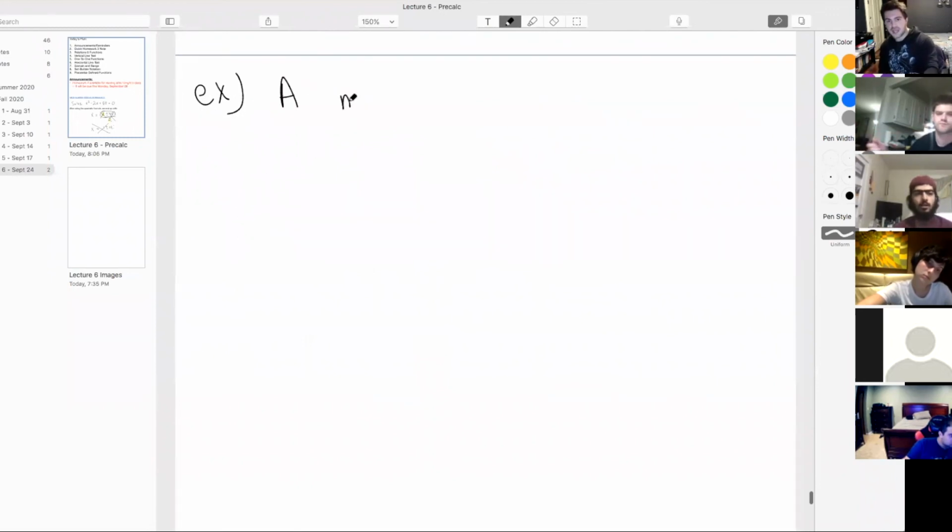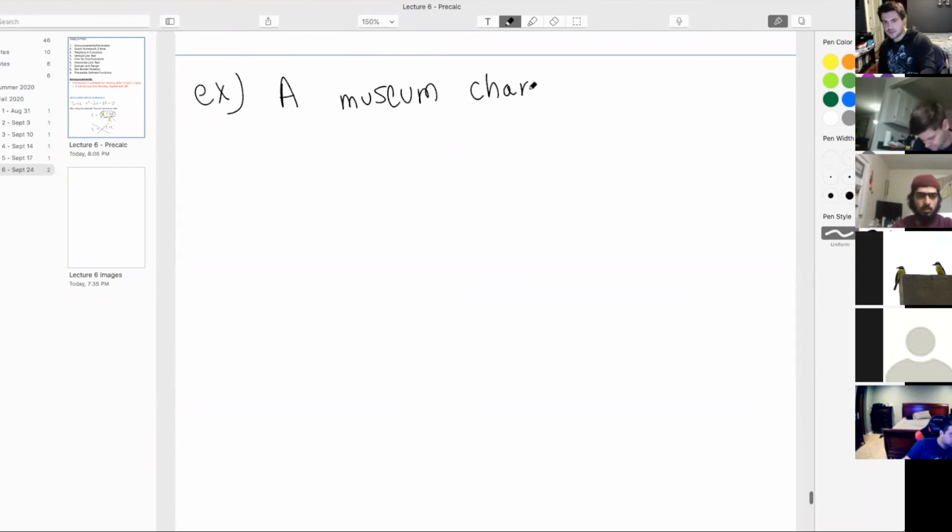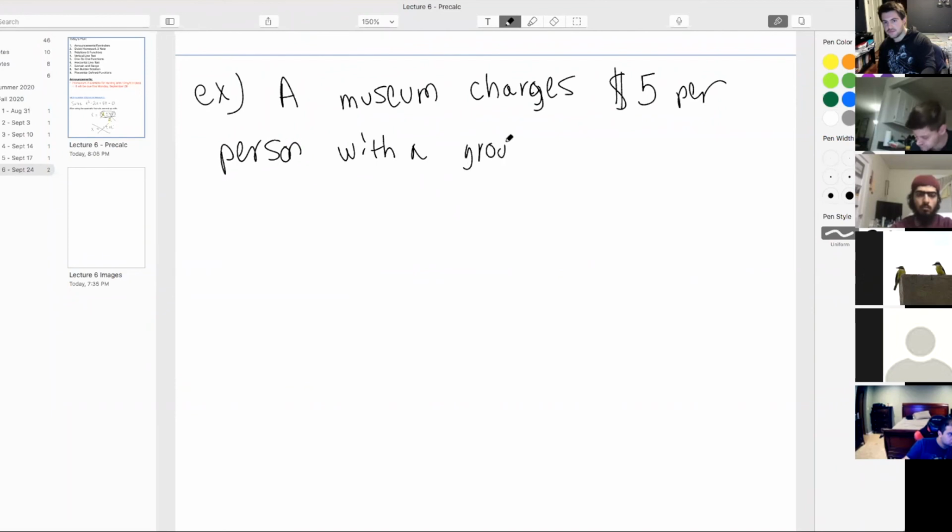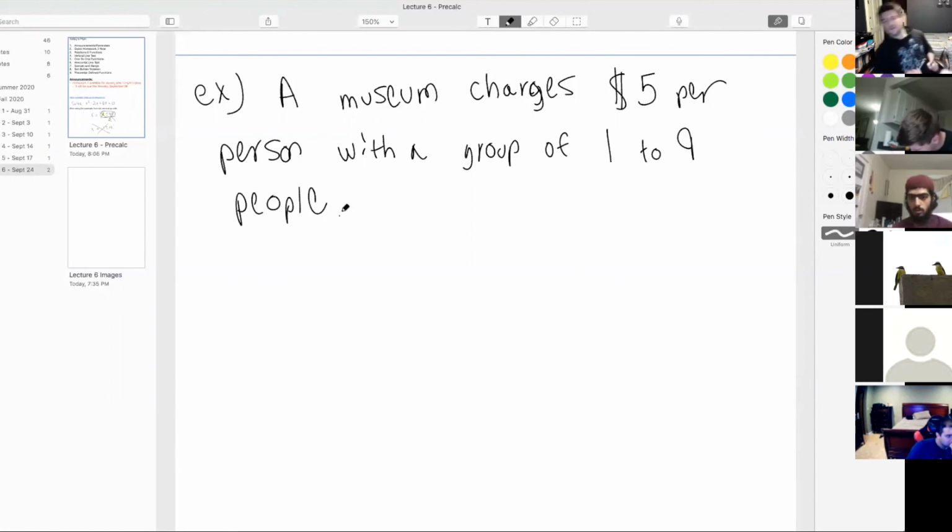A museum charges $5 per person with a group of 1 to 9 people. So if you're going into this museum and you come with 1 to 9 people, they're going to charge you 5 per person.